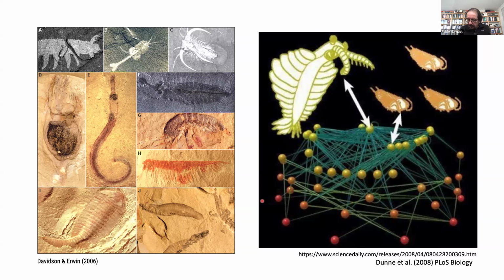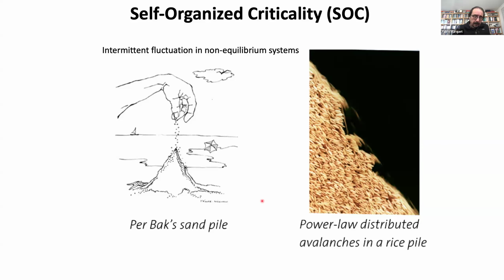One of the ideas was crystallized in the work by Per Bak on self-organized criticality. As you may know, one of the quintessential toy models involved the existence of phase transitions.